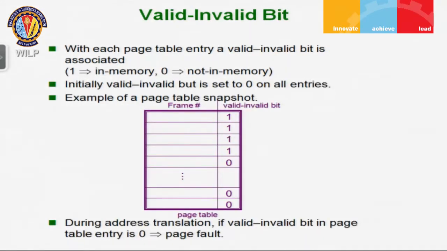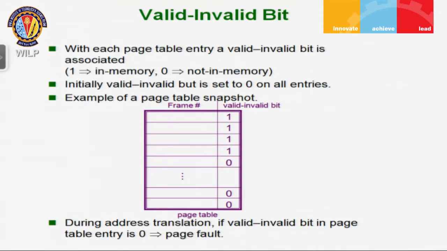So let us look at how these things are organized in the system. Here we try to give a very simple explanation or a very simple organization. We say that the page table usually will have a number of entries.